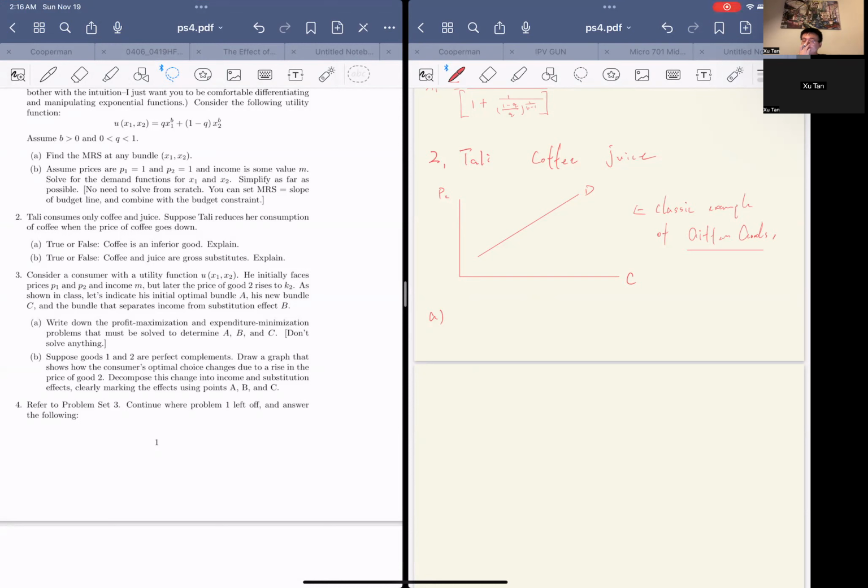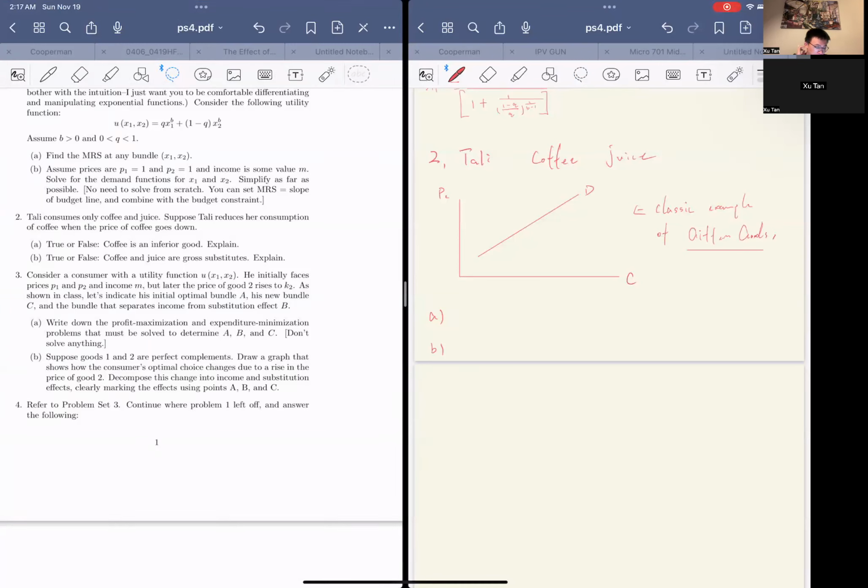So it's a very particular kind of inferior good, so it is an inferior good. You'll have to expand a little bit more on the Giffen goods, but I'll let you do that.